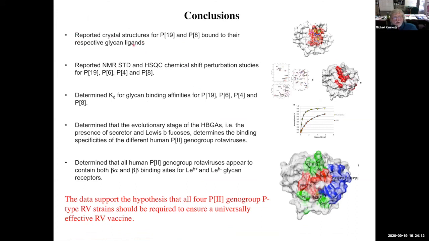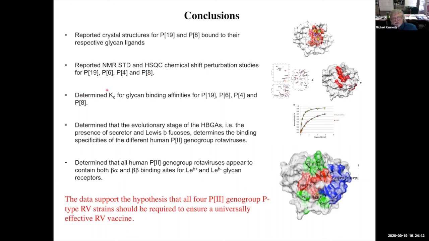We were able to report two critical crystal structures that detailed a new binding site for the P19 genotype, and then the first crystal structure of a P8 genotype bound to its glycan ligand. We reported both the STD NMR and the HSQC chemical shift perturbation studies for all four of the human genotype RVs.